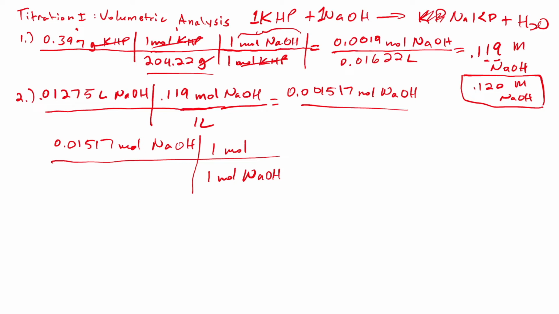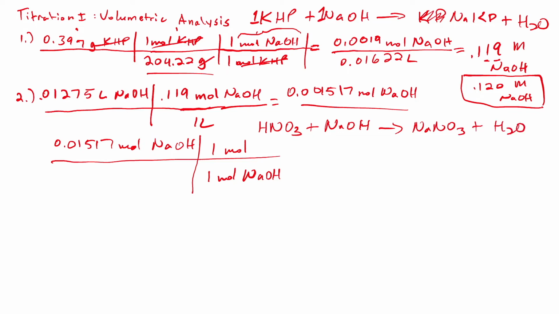So the actual reaction for sodium hydroxide and nitric acid would be this. It would be HNO3 plus NaOH, and that then becomes NaNO3 plus H2O.